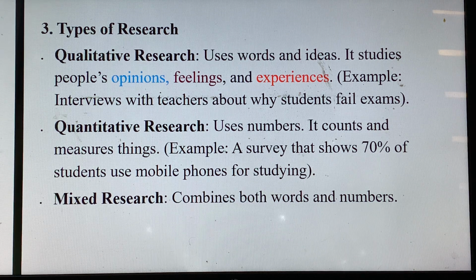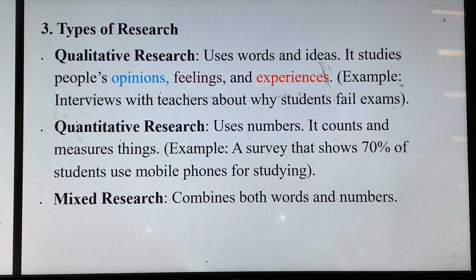With this one, we use numbers, and it counts and measures things. So you can embark on a survey, and on that survey, you can ask people, maybe, do you like A or B?